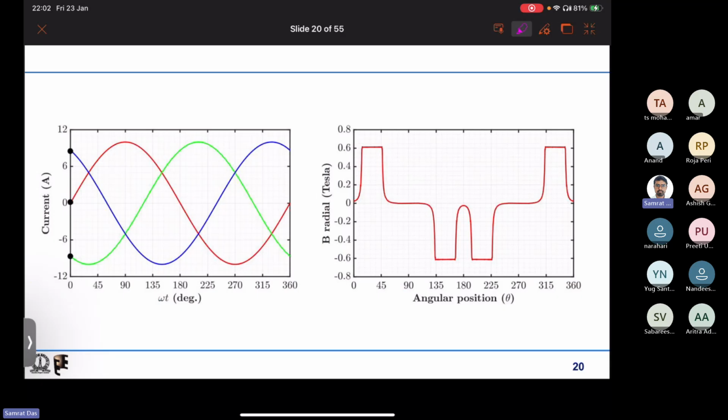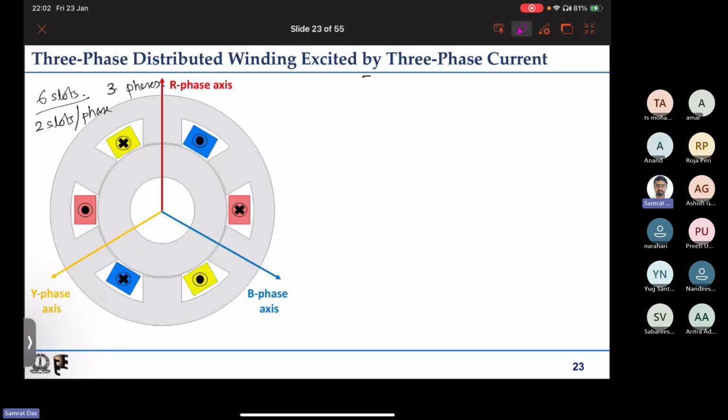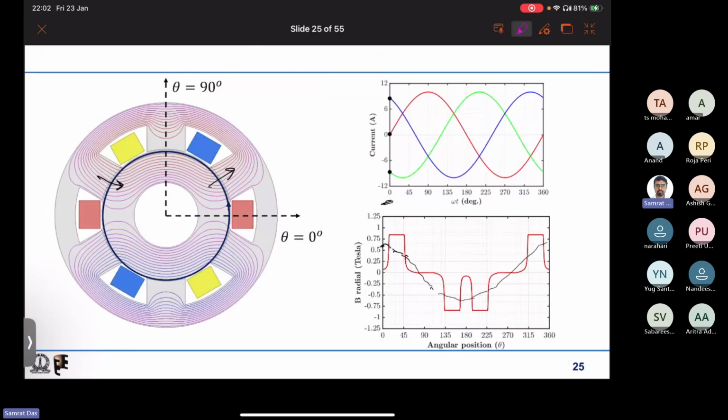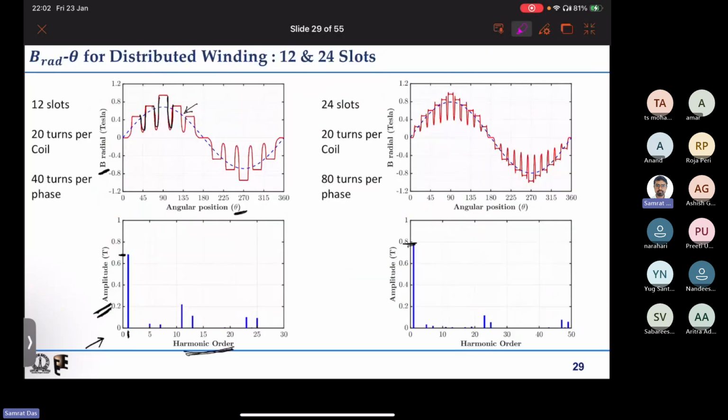I should probably go to the harmonic content. I have a picture for that. This is the general case, so you can look at the harmonic orders. Where do we have non-zero values?